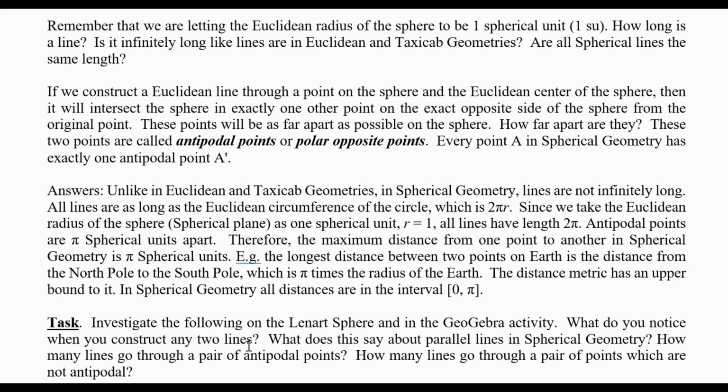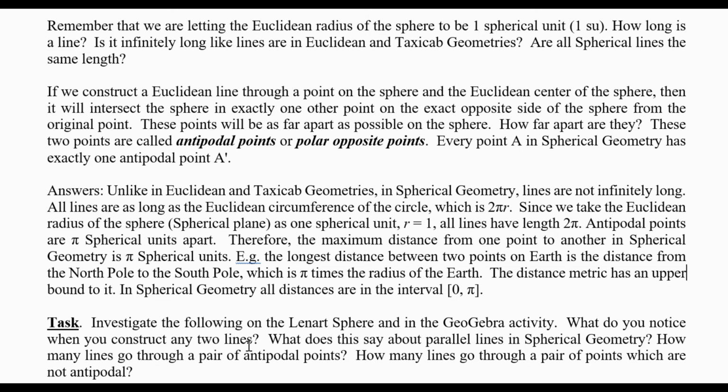All right, so here's another task to investigate on the Leonard sphere and in the GeoGebra activity. So try this on both. What do you notice when you construct any two lines? So just pick any, make a line, make another line, do it both in GeoGebra in that activity that I just had for you, and then also in the Leonard sphere. Okay, what do you know?